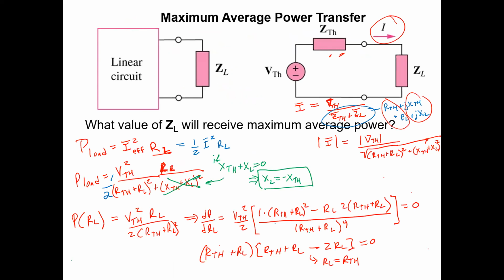But RL is R Thevenin, so you have an RL over 2 R Thevenin squared, and it should work out to be 8 R Thevenin. But why is that? Because this is going to be 2 R Thevenin when RL equals R Thevenin. That's 4 R Thevenin squared, 8 R Thevenin. But then the RL just takes away one of those R Thevenin. So yes, it's 8 R Thevenin on the bottom.